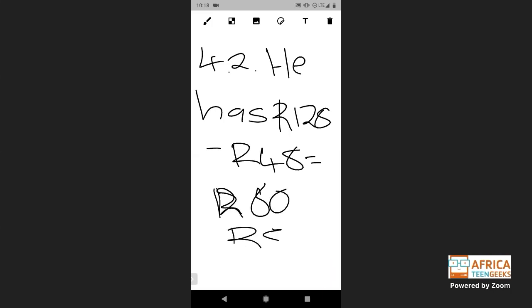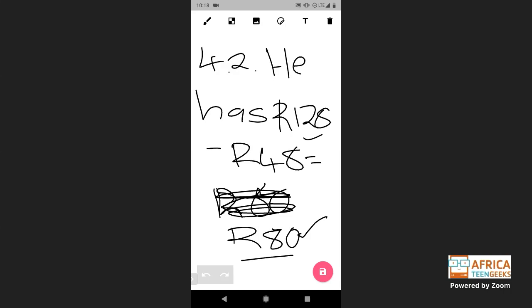Okay, let's write it. Good. So this person has 80 rands in his pocket. That's how much he has left at this moment, right? So probably this will be like 2 marks or so.